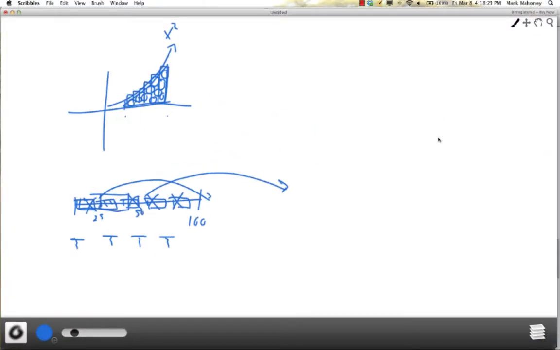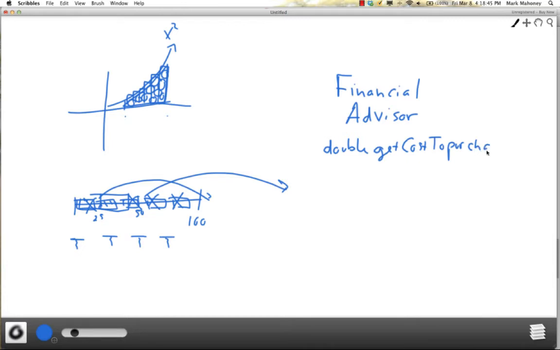We might have a financial advisor class. And we might include these methods to get the cost to purchase. Maybe that returns a double.